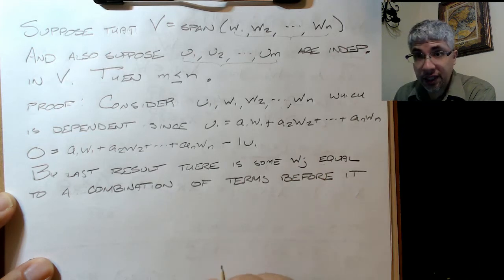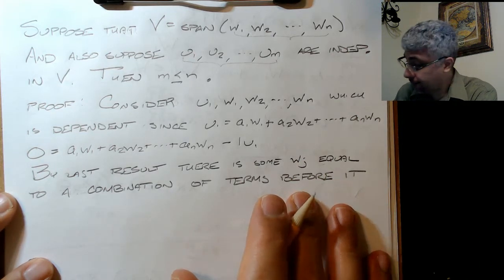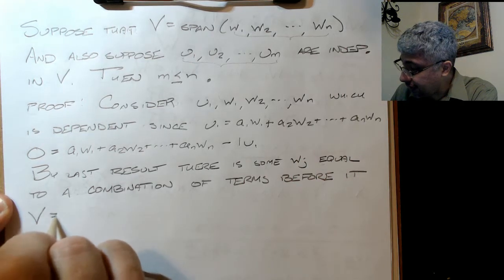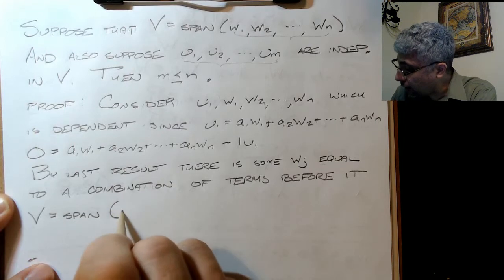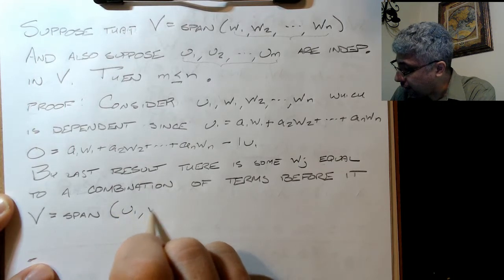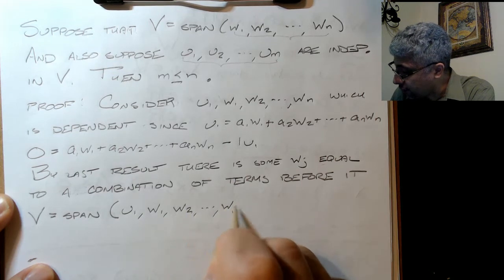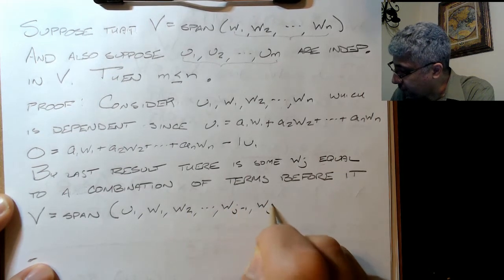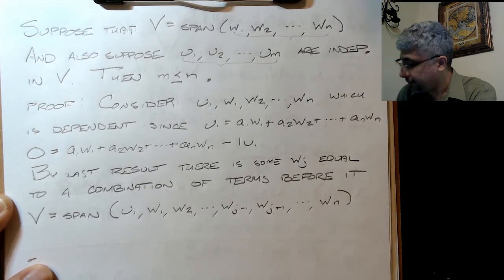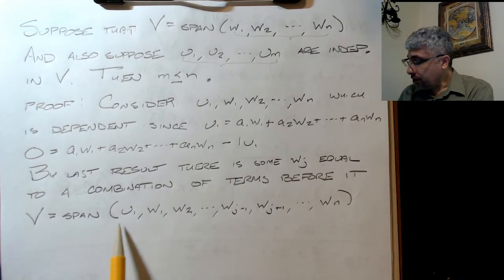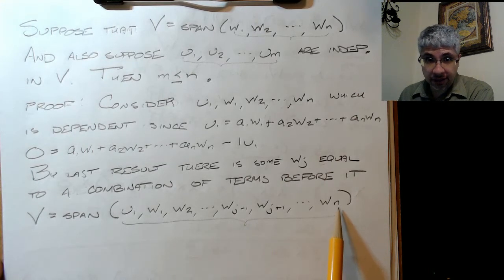So what can I do? I also know that I can remove that without changing the span. So V is equal to the span of U1, W1, W2, through Wj minus 1, Wj plus 1, all the way through Wn. Okay? Notice that this list has the same number of elements as before.